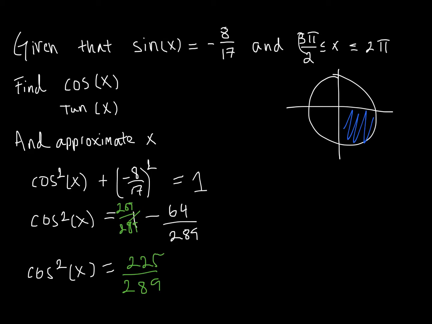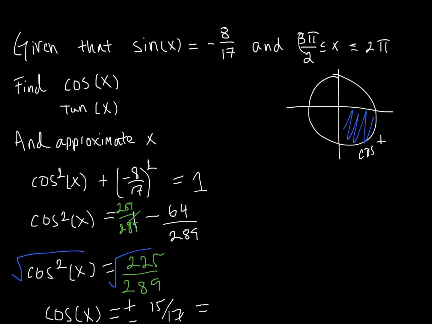And then I need to square root both sides to solve for the cosine. And so cosine of x is going to be plus or minus, right, because I'm taking the square root. Square root of 225 is 15, and square root of 289 is 17. And then I know I'm in the fourth quadrant, and cosine is going to be positive, so this is going to be positive 15/17.